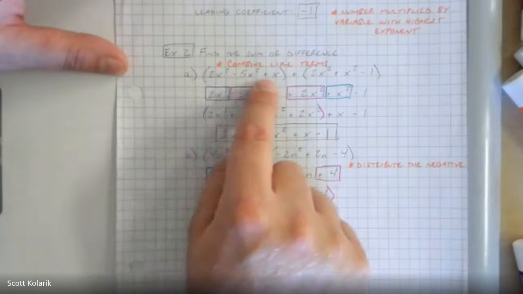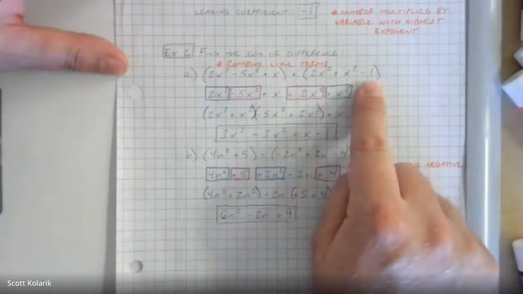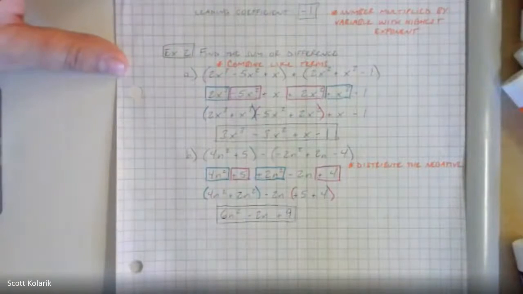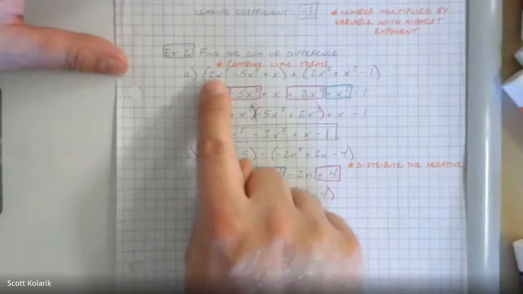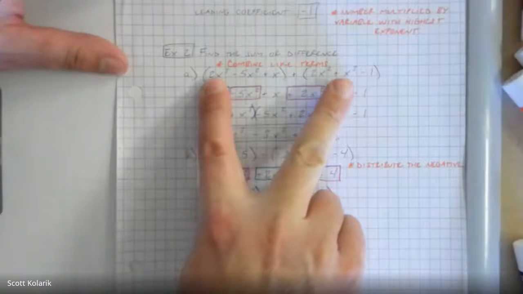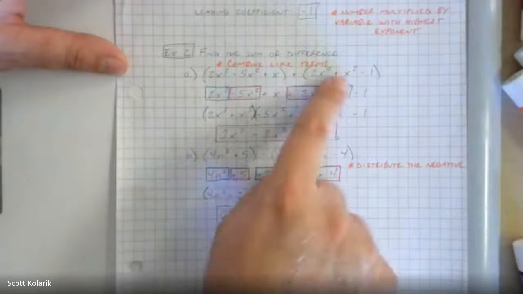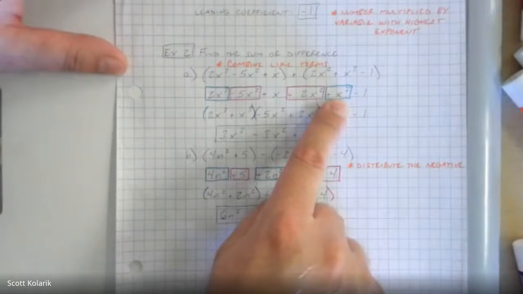So it stays separated. When I'm adding in some other polynomial, I have to keep families together. My x cubeds, x to the third powers, can only combine with other x to the third powers, and so my 2x cubed can only combine with the positive x cubed.